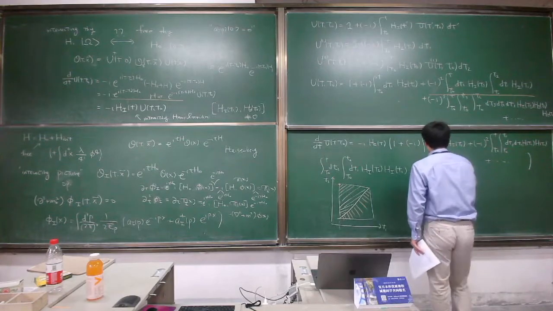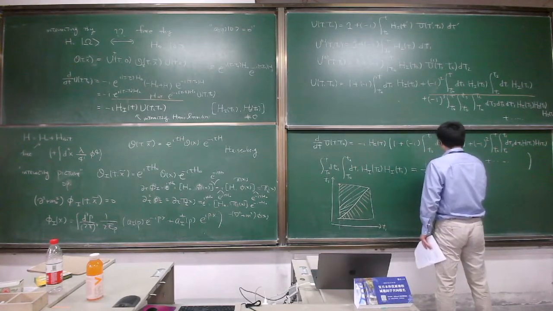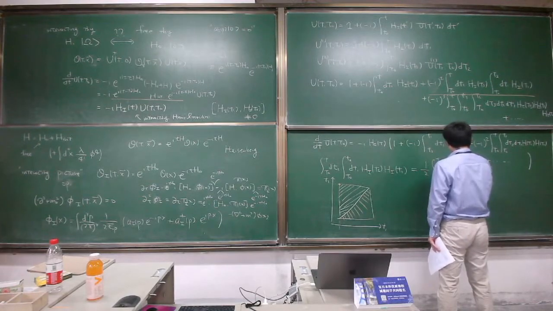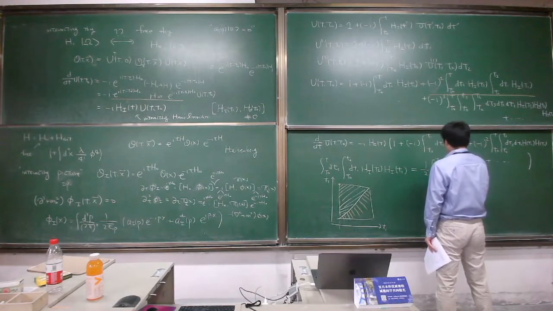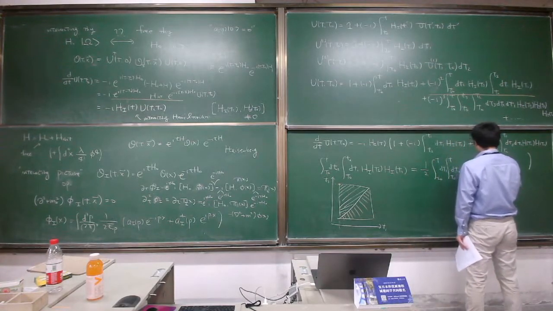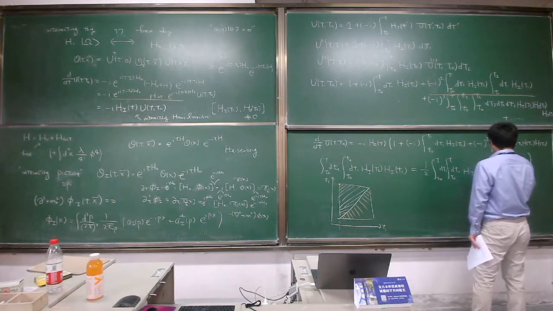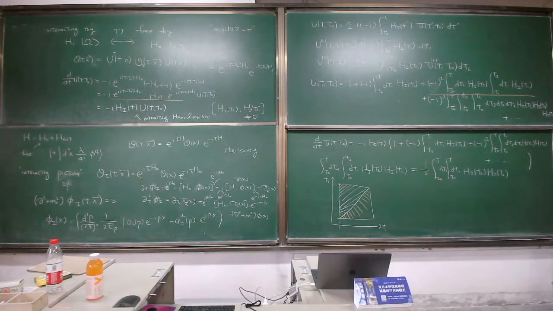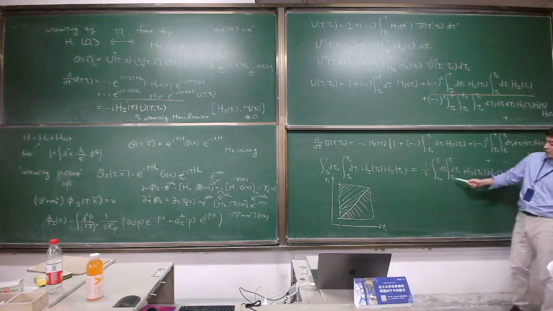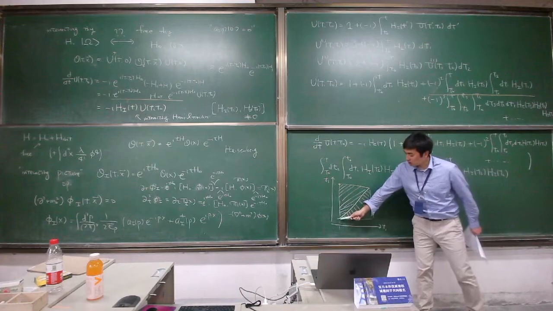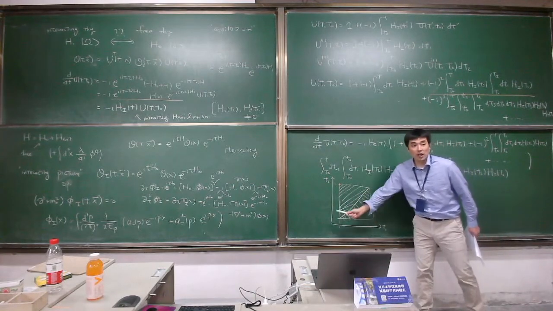Therefore, this can be understood as 1/2 of the integral from t0 to t of dt1 and the integral from t0 to t of dt2, H_I(t2) H_I(t1). As you can easily see, t0 to t means you just integrate the whole square here and divide by 2.